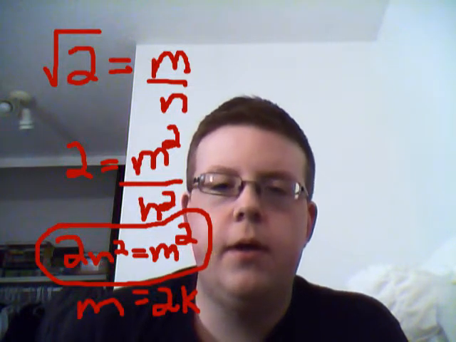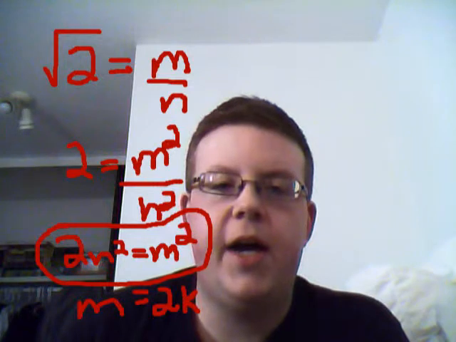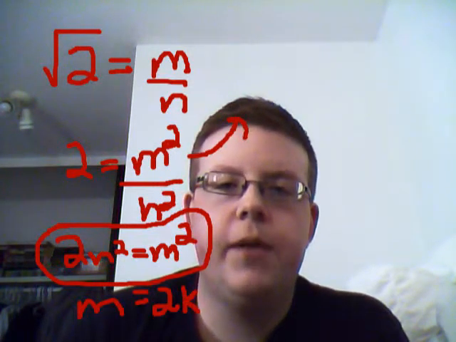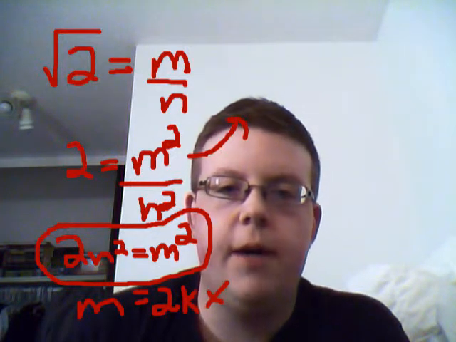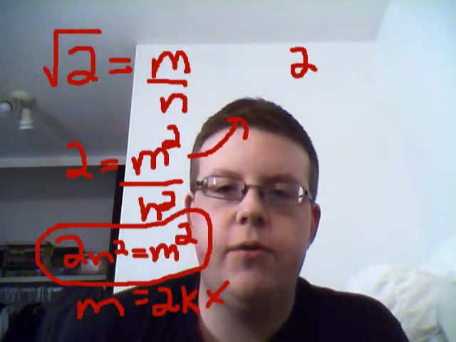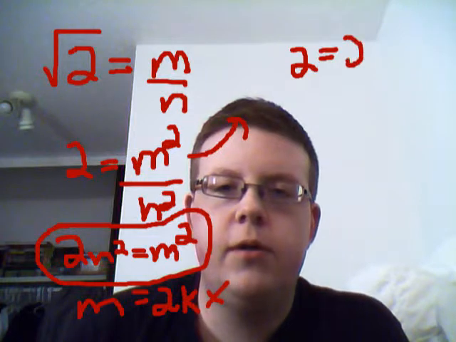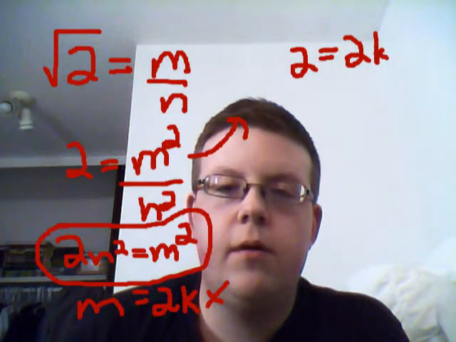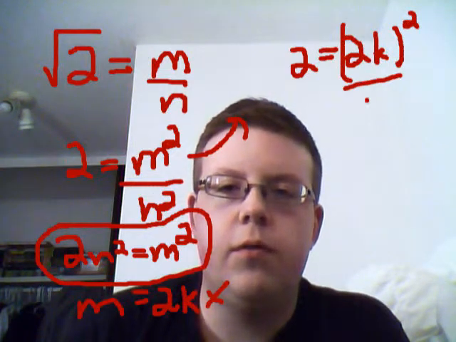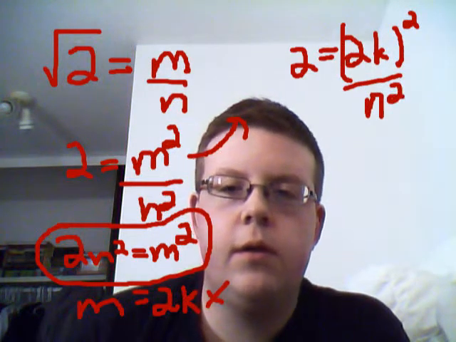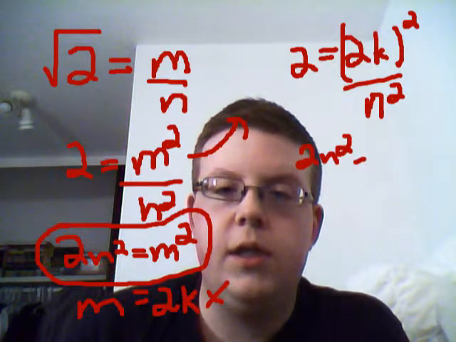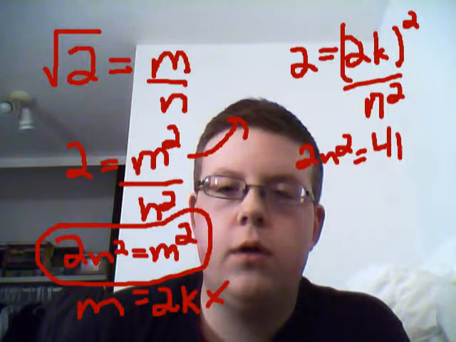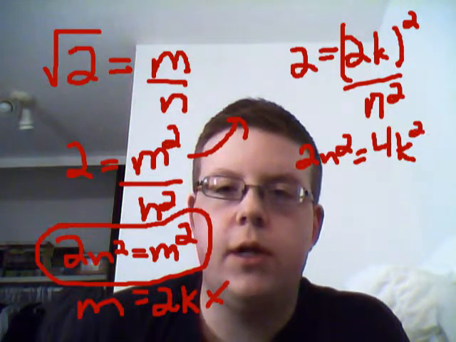So armed with that, we can head back into here and substitute in 2k for m. That gives us that 2 is equal to 2k squared over n squared. So that means that 2n squared is equal to 4k squared.